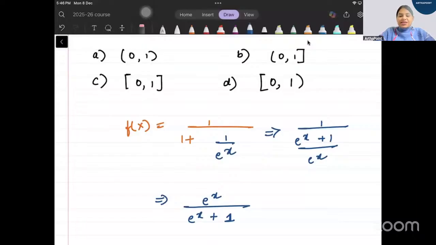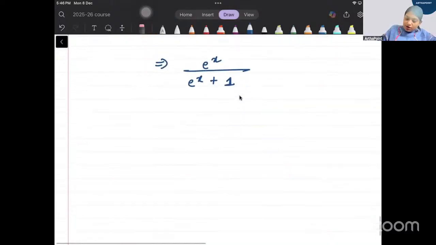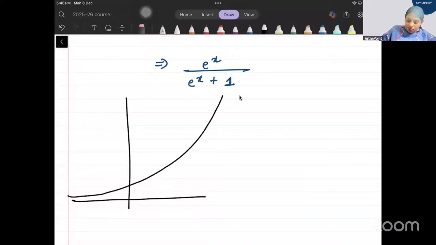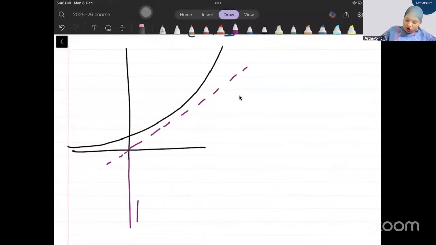Now, once you have simplified this function, the next thing is that you should know how these exponential functions look, right? The log or exponential graph should be on the tip of your mind. If I look at my exponential function, it looks like this. And my log function looks like this, right?